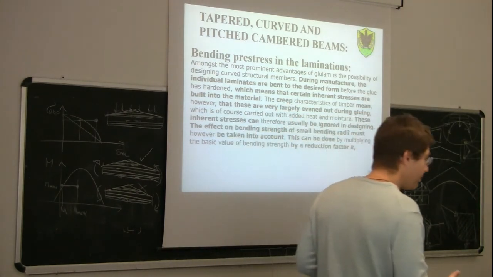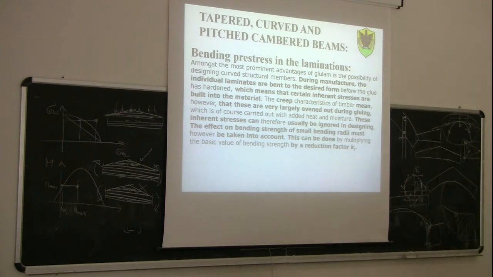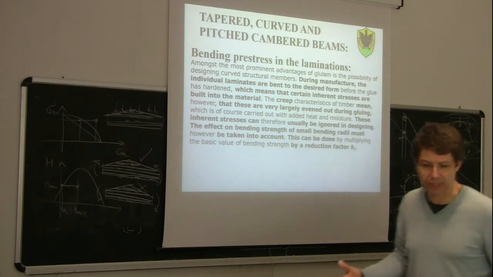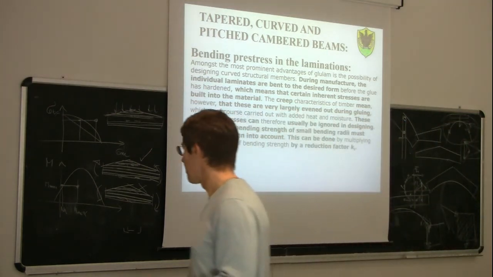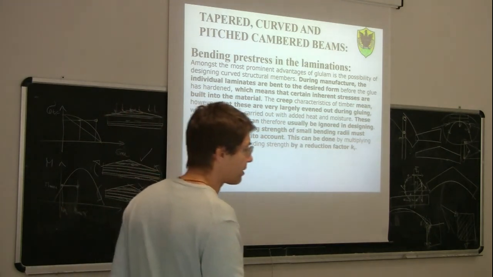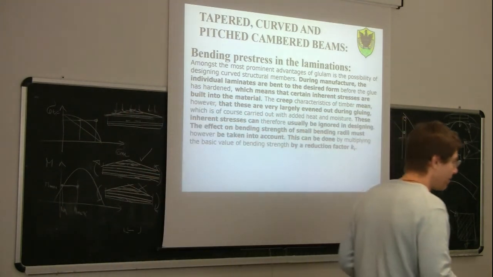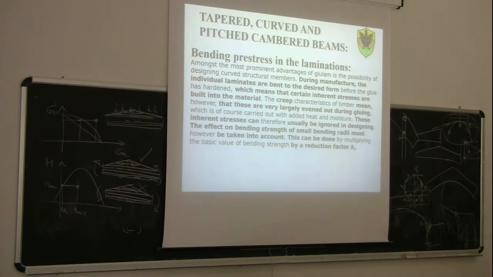Okay? Then what happens, as time goes by, is that timber creeps. The timber has some creep behavior, and so we have what we call relaxation. Those stresses reduce over time due to relaxation and creep. If you measure the stresses immediately after you bend the lamination, you will find, for example, 10 megapascal.